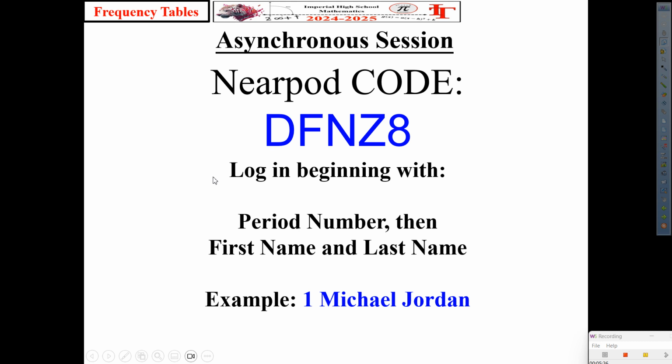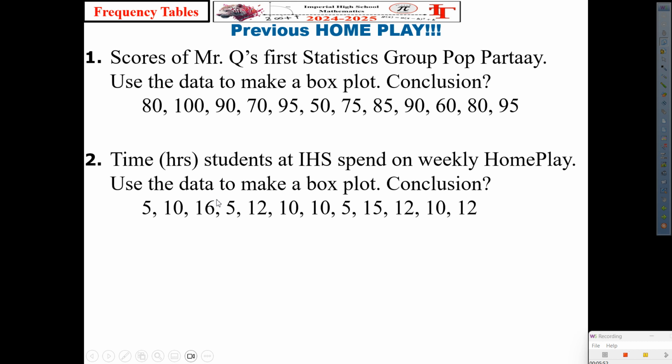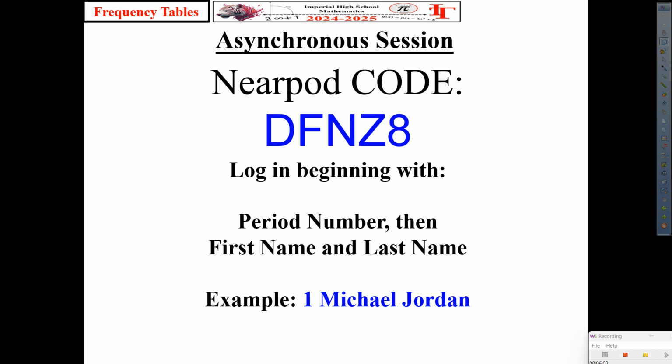All right. Next, last night's home play looked like this, yes? So go to Canvas, make sure you turn that in. It should be under that only module that is uploaded so far. Yes, homework code DFNZ8. And once again, you get home, you log on to Nearpod, type in the code, go through all the slides till you get to the home play.